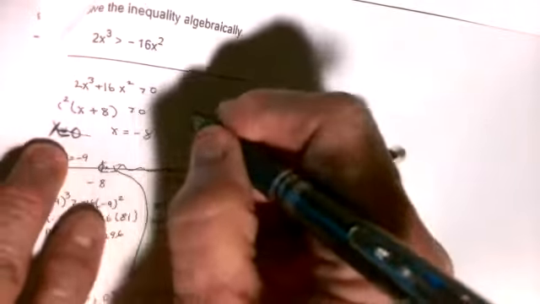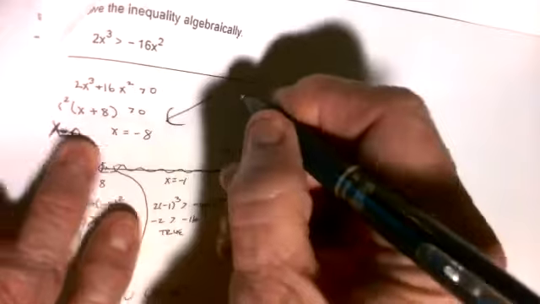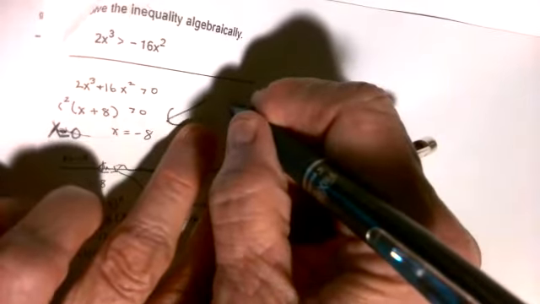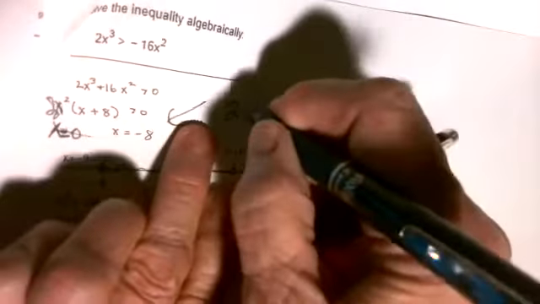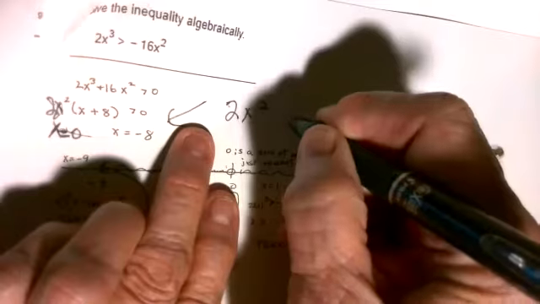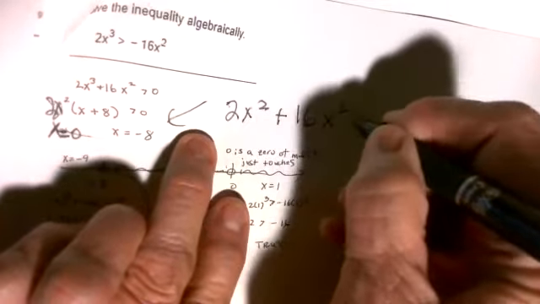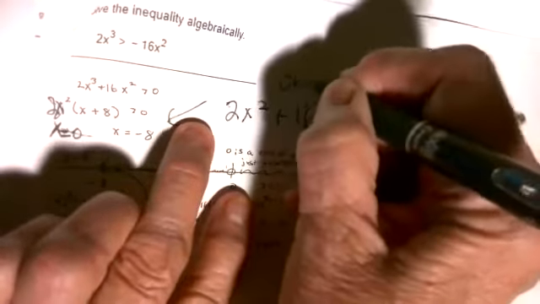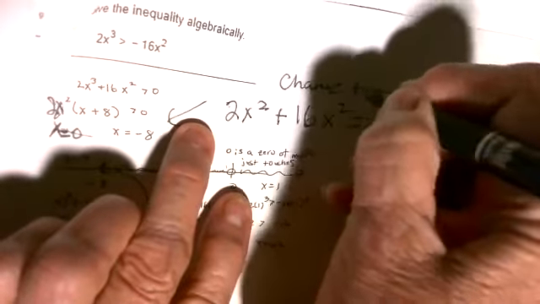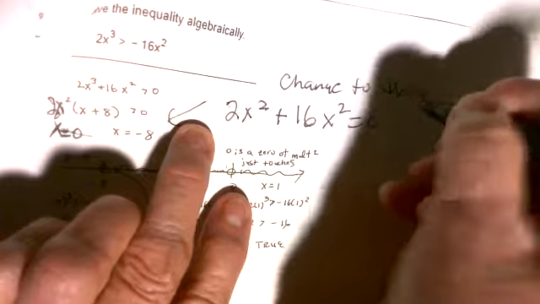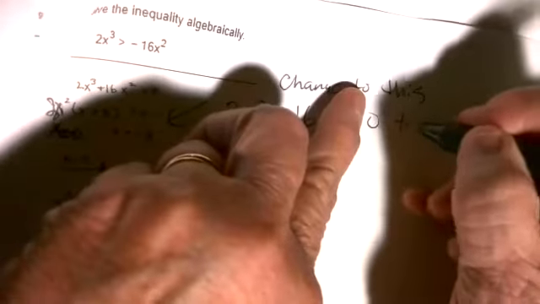When we're doing this, we've actually changed the problem to be 2x squared plus 16x squared equals 0. So we change to this to find the boundary numbers.